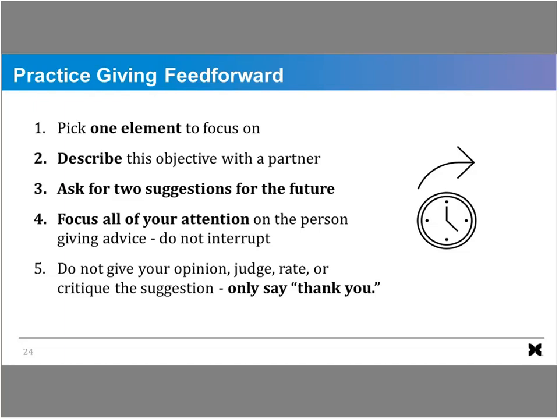What if we can provide a tool to our employees to give not just feedback, but feed forward? How can I be better at this? You pick one area that you want to improve. Then you find a trusted person that you can partner with. You ask that person for 2 suggestions for how I can face this opportunity or situation in the future.